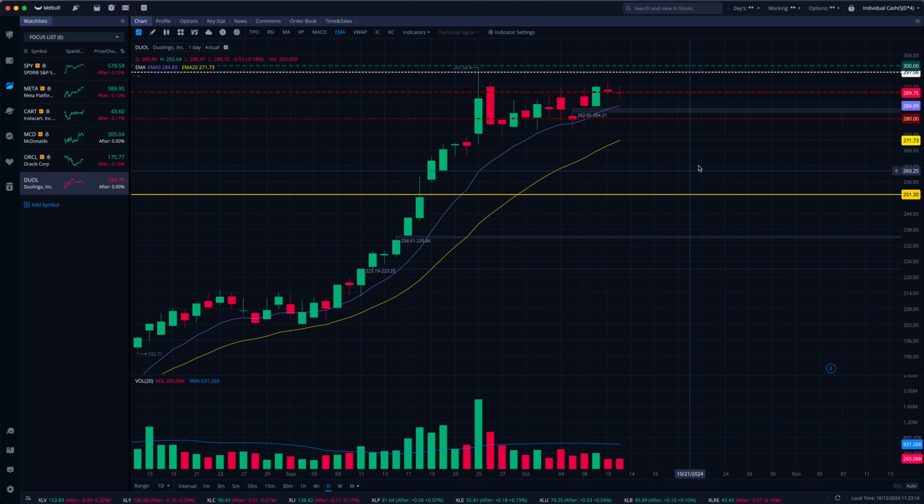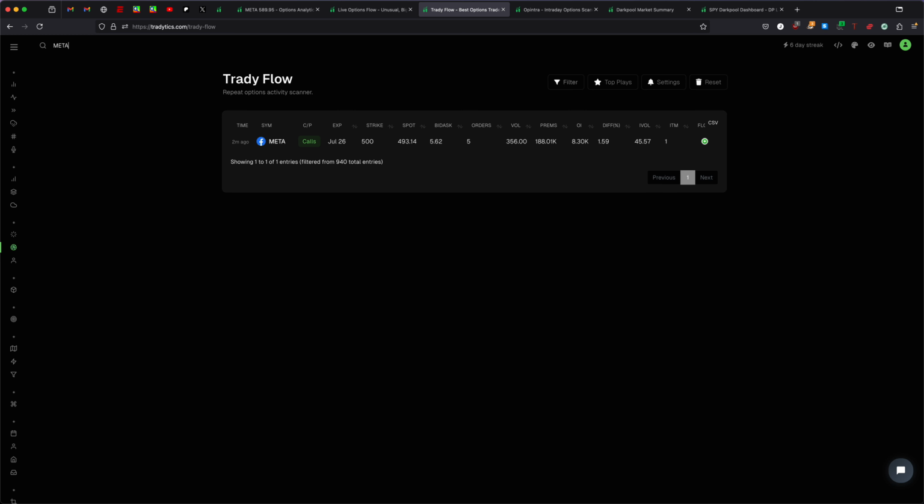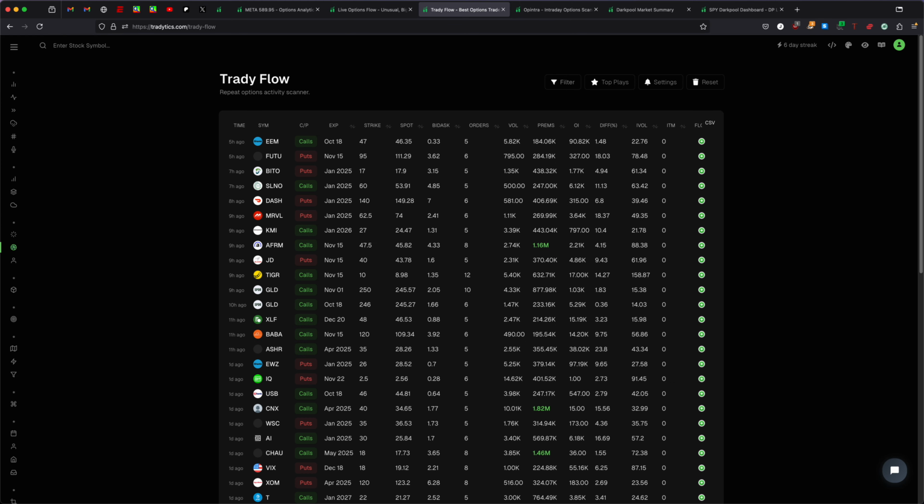There's also Trady flow, which is going to show you any stocks that have been getting repeat orders on certain strikes. This populates in real time during the market open. But if you're searching later in the day, you might say, oh, Meta really hasn't had any repeat flow for 2 months. So that's not helpful.